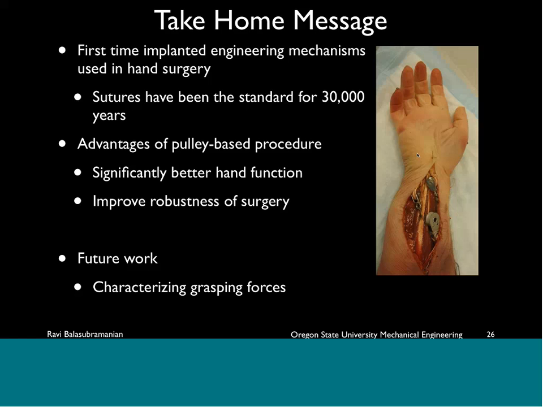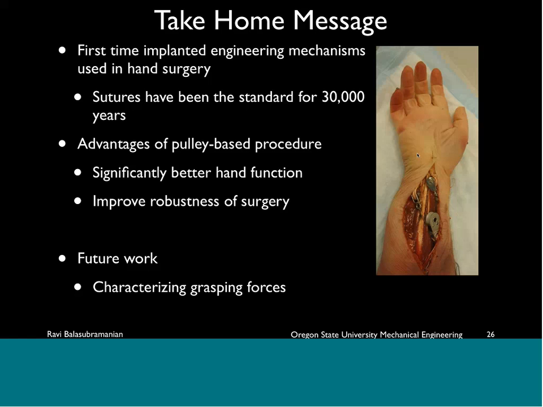The second take-home message is that the pulley-based procedure leads to improved hand function in terms of force requirement. So if a person was using 100 newtons after the suture-based procedure, they could actually use just 55 newtons, which is a big difference.